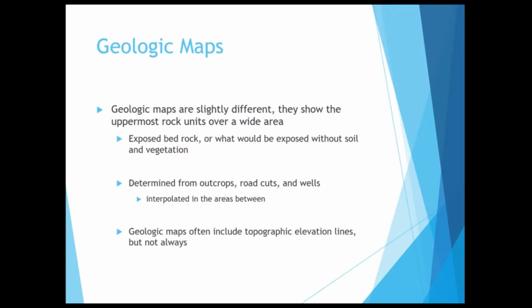When it isn't exposed and there's limited data, they use interpolation for the areas between the data points. More on interpolation shortly. Geologic maps do often include topographic elevation lines, but not always.